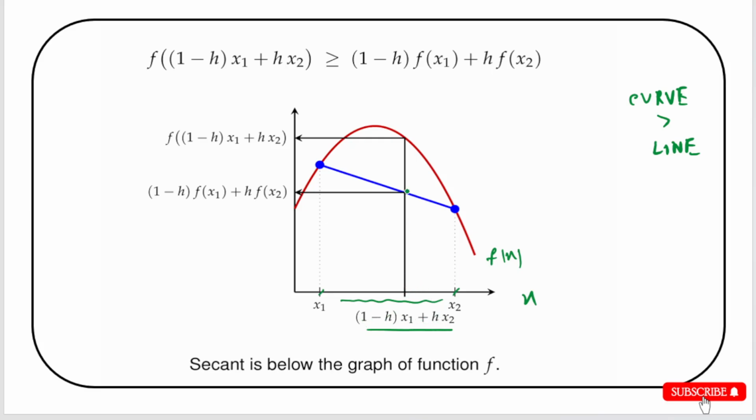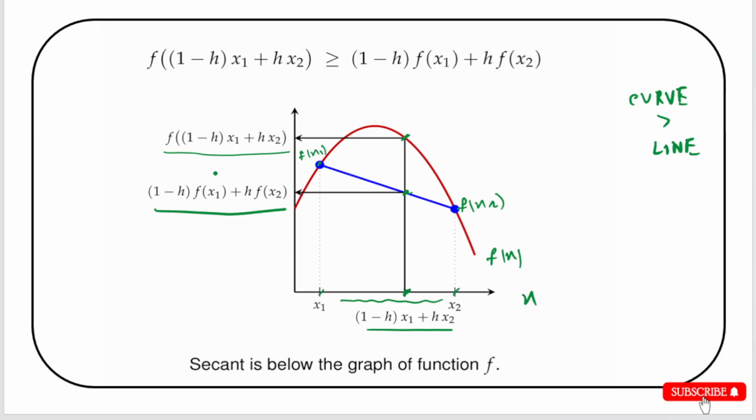Now if you want to know this point, what will that be? It will be the linear combination of f(x1) and f(x2). So this is the point here: (1 minus h) f(x1) plus h f(x2). And from this point, if you draw this line segment, you know the functional value to be this, f of this.